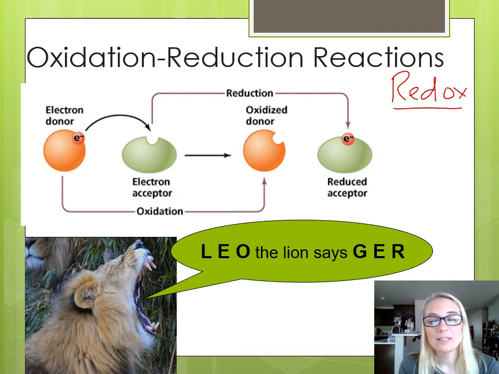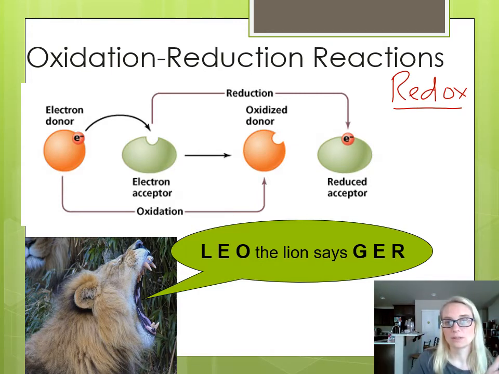In the idea of redox reactions, one species of molecule is going to give away an electron, and then another species of molecule is going to accept that electron. That's all redox reactions are: the transfer of electrons from one molecule or atom to another. So we just label who's who. If you are the substance donating the electron, you are being oxidized.